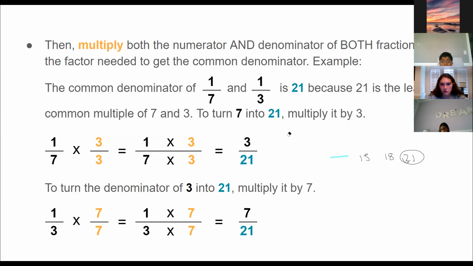So, let's see. To turn the denominator of 3 into 21, multiply it by 7, or to turn 7 into 21, multiply it by 3. So yeah, another way of thinking about this is to multiply them by each other. So times 3 over 3, and then times 7 over 7.